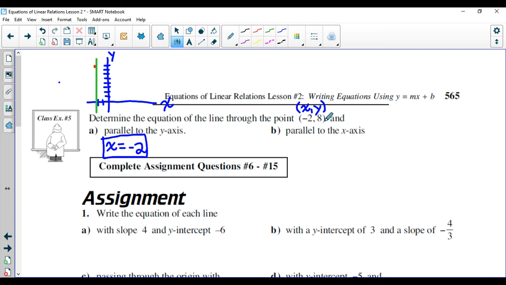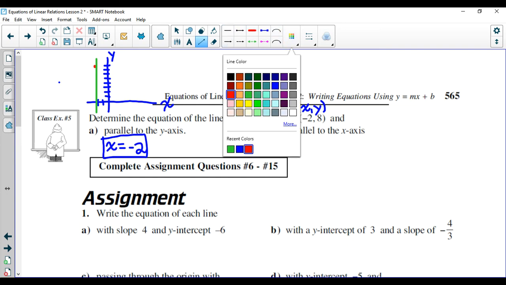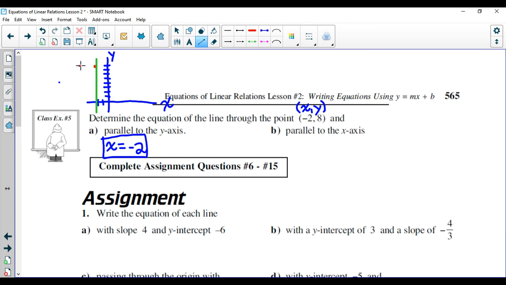Now for b, it says draw a line that's parallel to the x-axis and passes through that point. Okay, so we'll go ahead and grab a line. This time I'll do it in red. Parallel to the x-axis must be a horizontal line, so that's going to be a line that looks something like this.